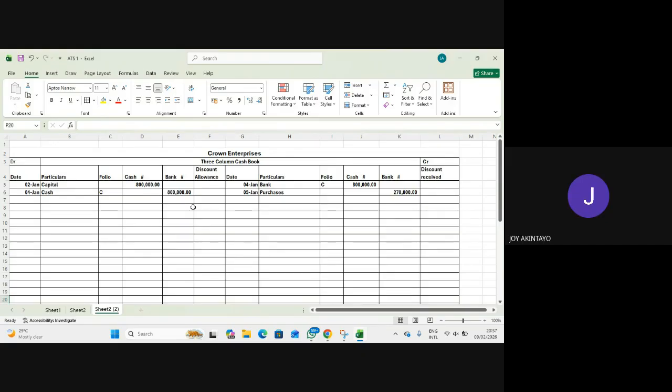How do we go? We debit electricity account. Then which account is to be credited? The bank account will be credited.